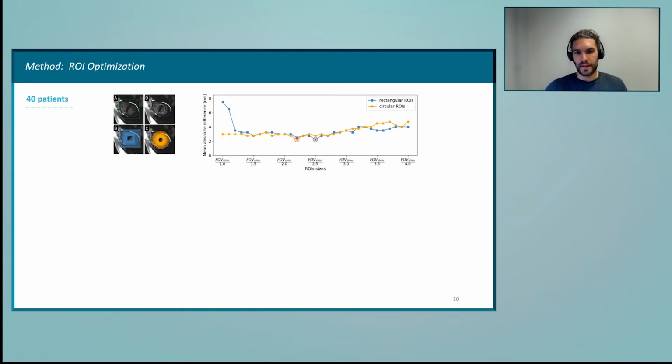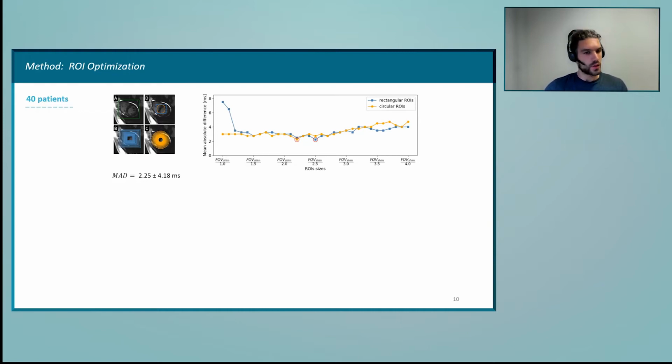And highlighted in red are the ROIs leading to the lowest mean absolute difference, which was 2.25 plus or minus 4.18 milliseconds for both the rectangular and circular. For rectangular of size shim divided by 2.5, and for the circular, it was the size of the shim divided by 2.2.